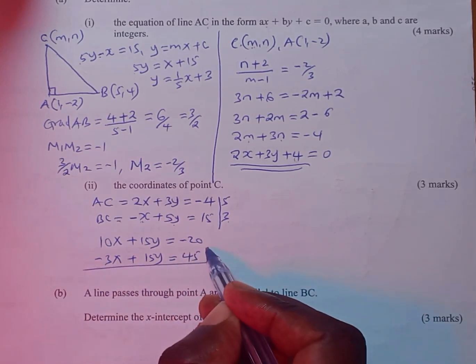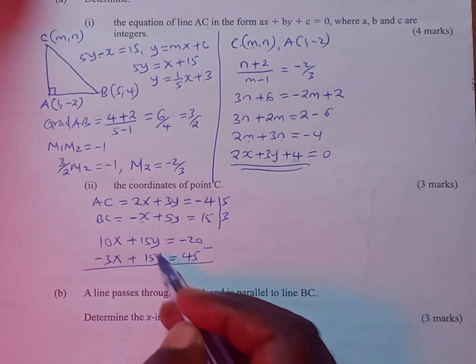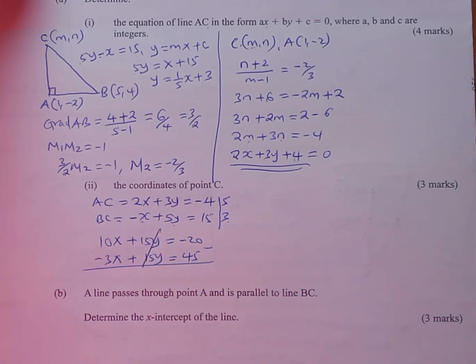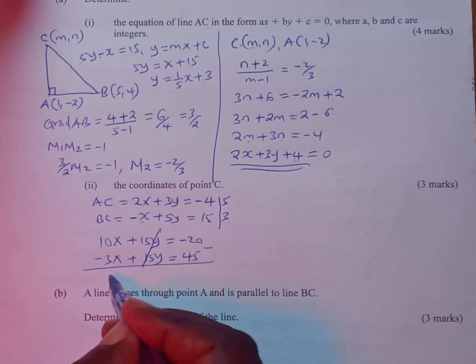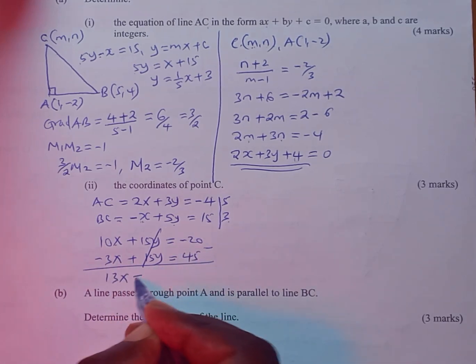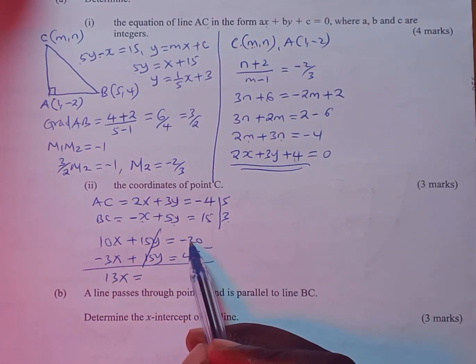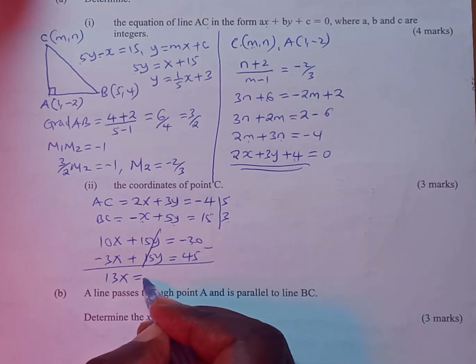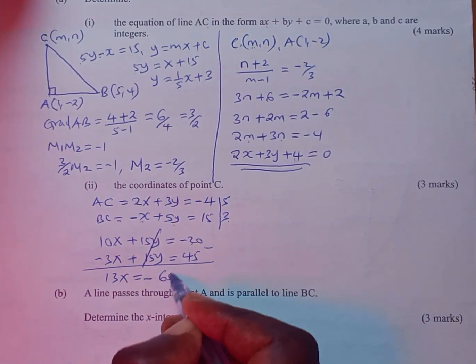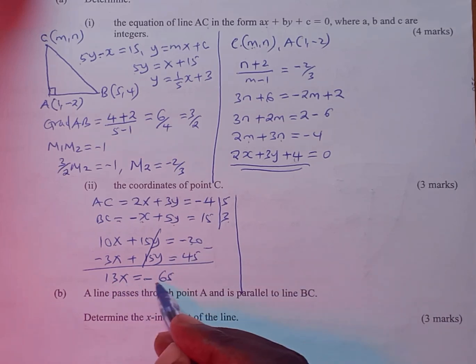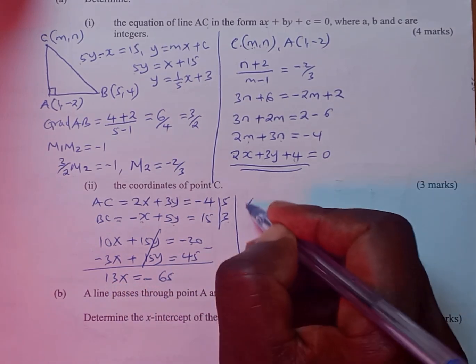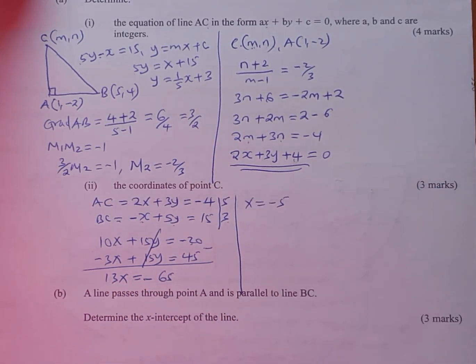Once we have done that, under elimination we subtract the two, but this part that is similar cancels. We remain with 10x minus -3, giving us 13x, and this becomes equal to -20 minus 45, giving us -65. From there, if you divide both sides by 13, x is going to be equal to -5.